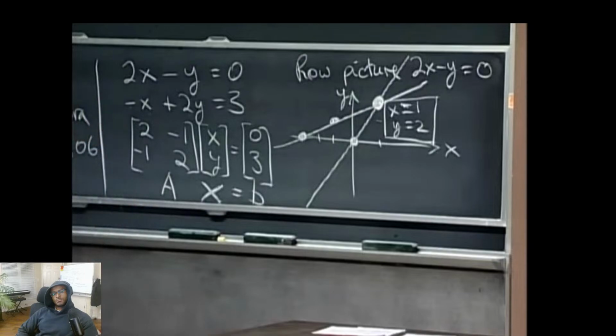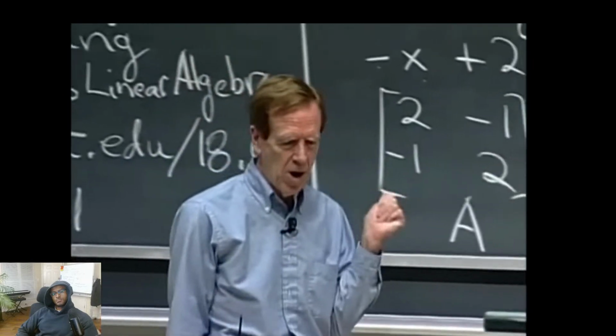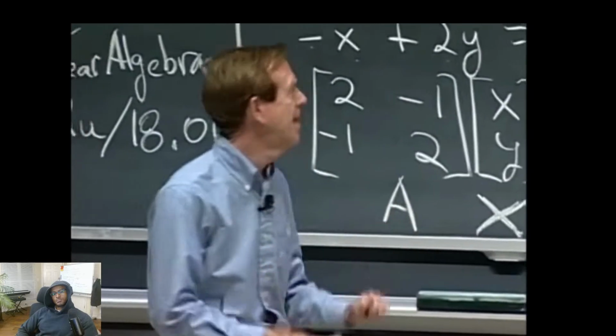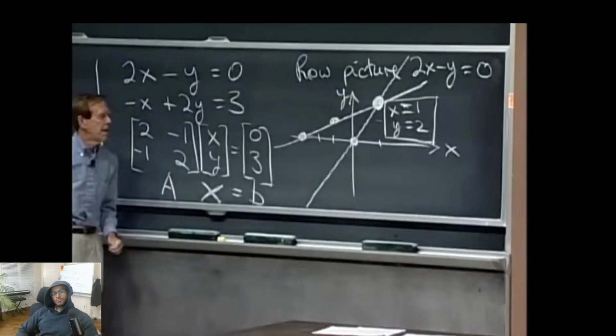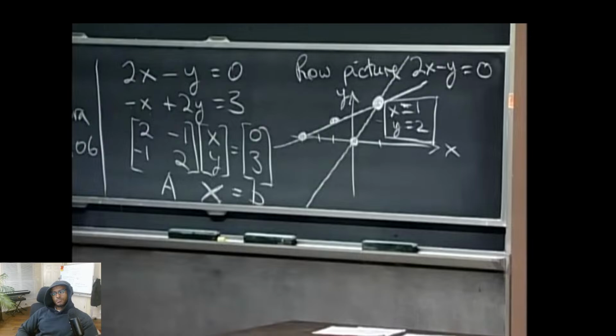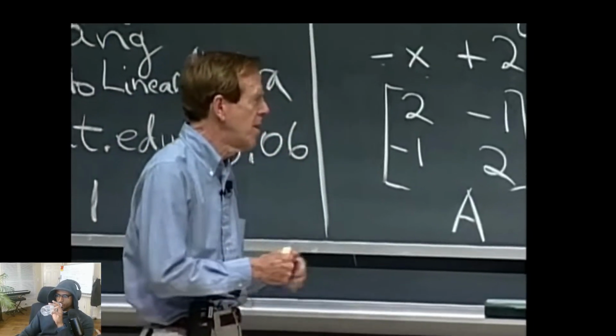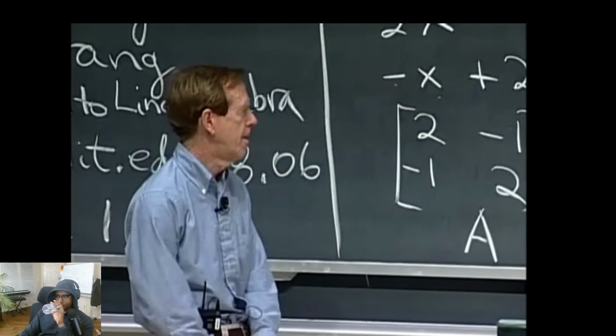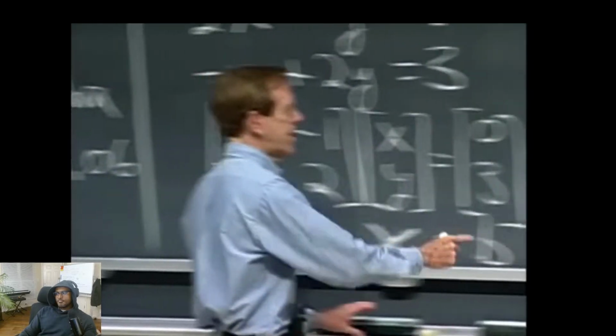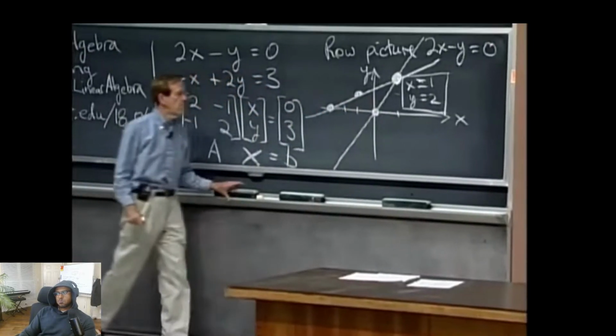Apologies for drawing this picture that you've seen before. But seeing the row picture, first of all, for n equal 2, 2 equations and 2 unknowns, it's the right place to start. So we've got the solution, the point that lies on both lines.